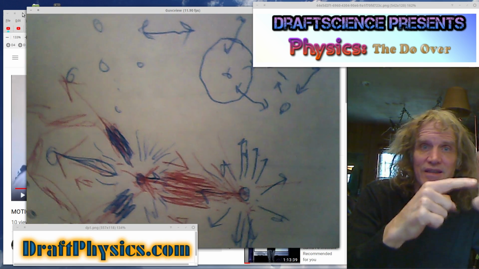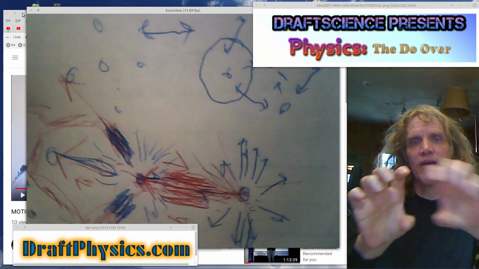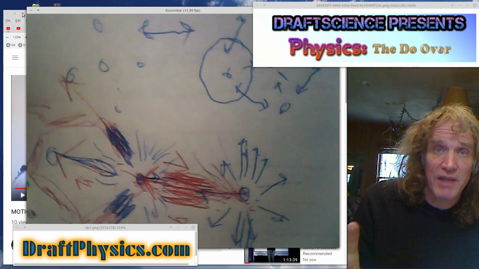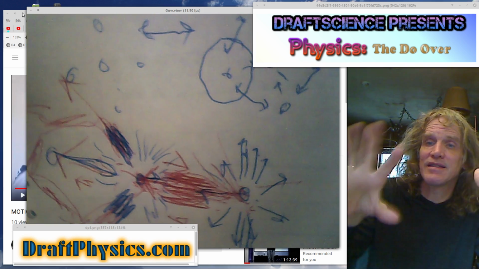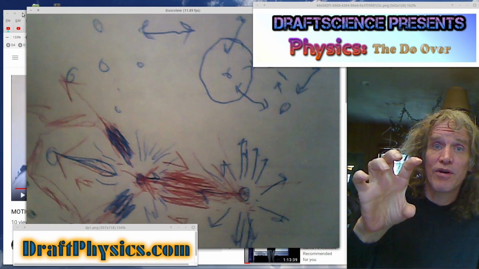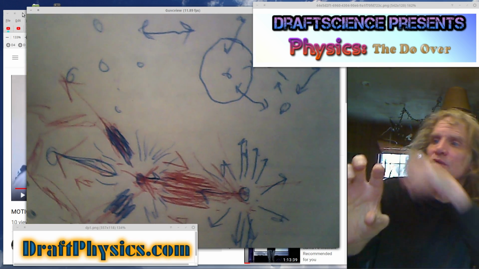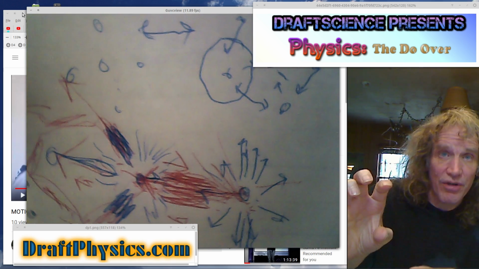If this one is under more pressure, it's going to impose more force on the other one, so to speak. More of its ping pong balls are going to hit this thing than this thing's ping pong balls are going to hit this one. This one's going to feel more force. This one's going to react, which means it's going to push all of the other things in its atom, and they're all going to react.